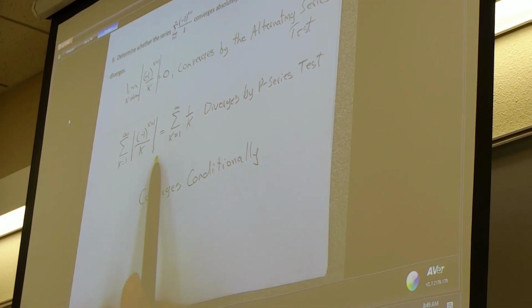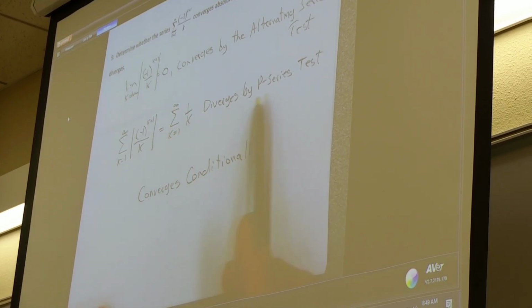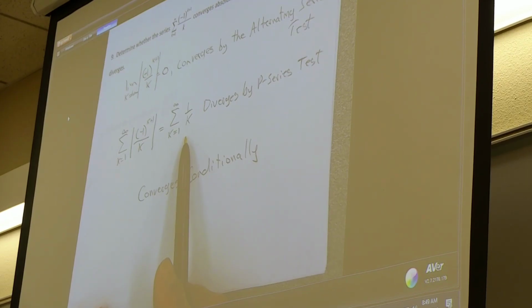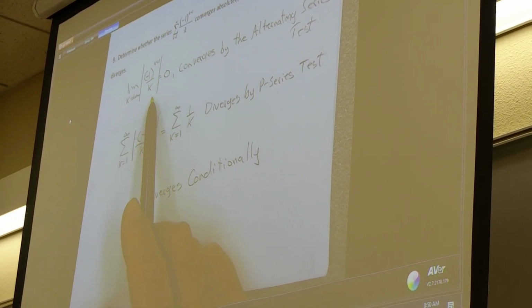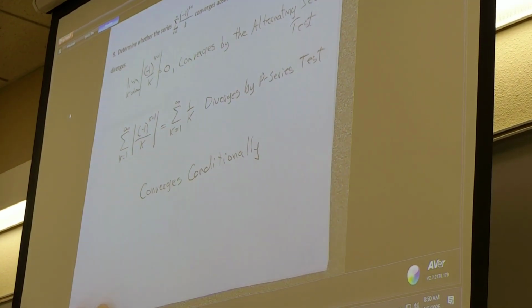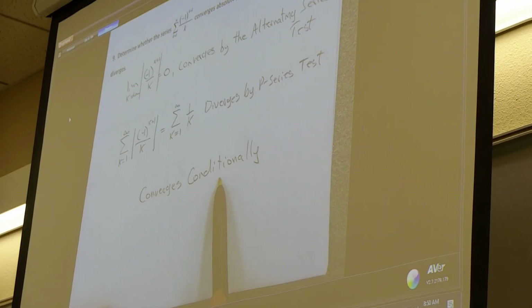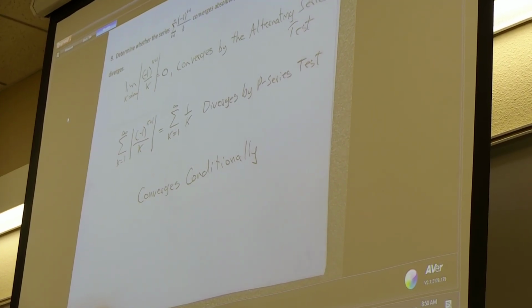Well, this equals 1 over k, which diverges by p-series. That's the harmonic series. So it only converges in alternating form. That means it converges conditionally. Converges on the condition that it is alternating.